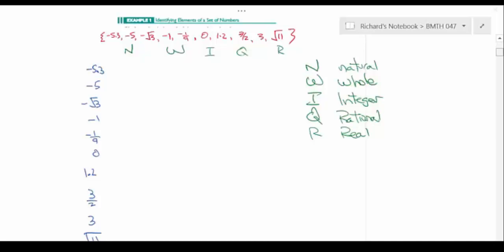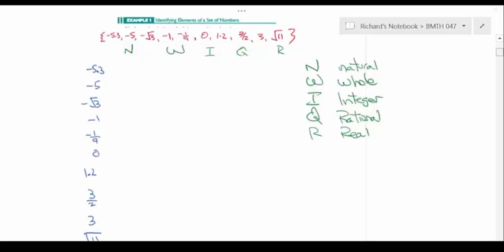Negative 5.3. Because it's got a negative sign, it cannot be a natural number because no natural numbers are negative. It can't be a whole number because no whole numbers are negative. It can't be an integer because it's got this decimal bit. Negative 5.3 could be written as negative 5.30 or negative 5.300 or negative 5.3000.